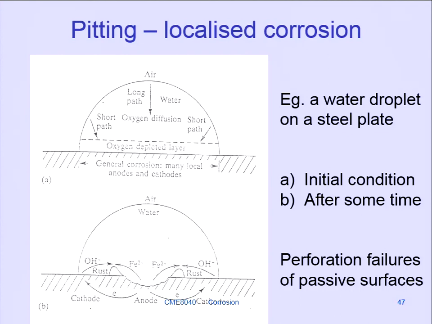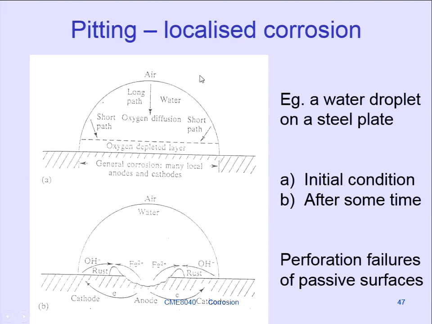And the diagram you've got shows the initial situation, and this drawing, like many drawings from books, is slightly erroneous. So let me show you a revised version. The oxygen depleted layer is actually somewhere in the middle of the droplet.